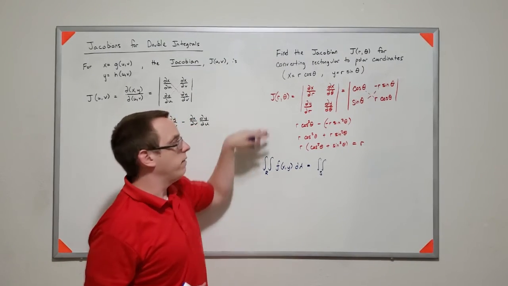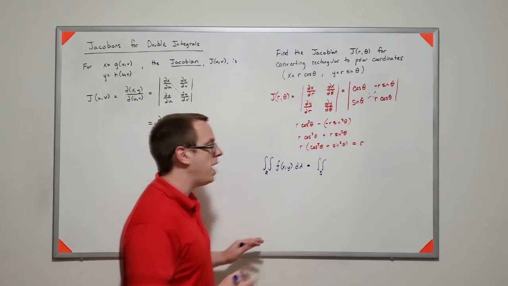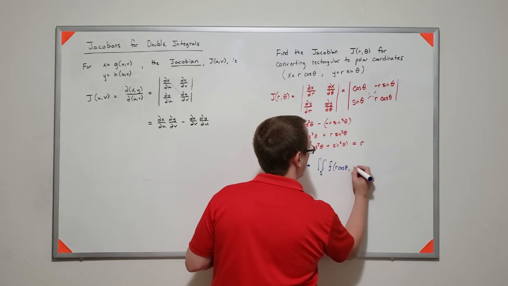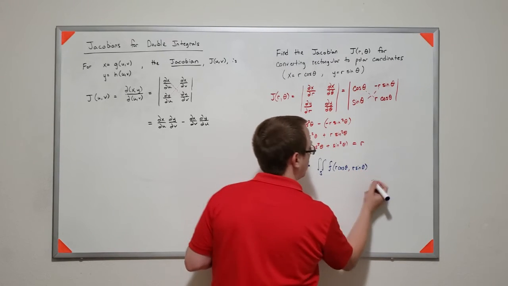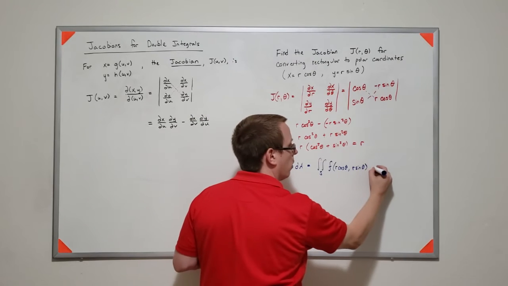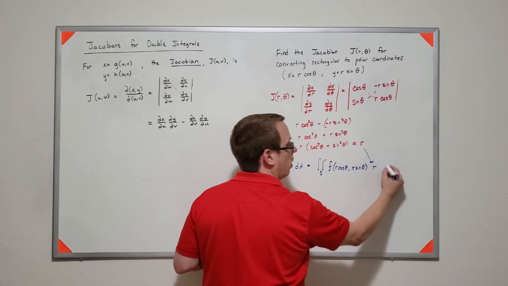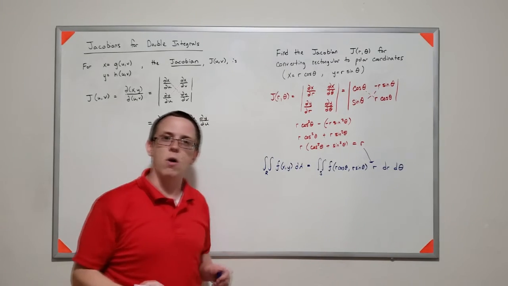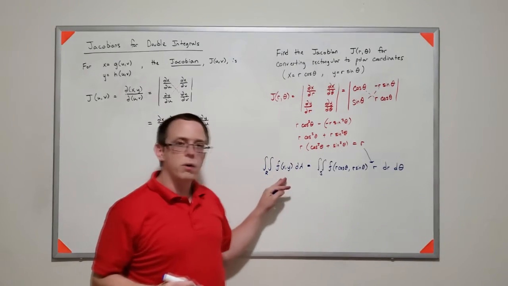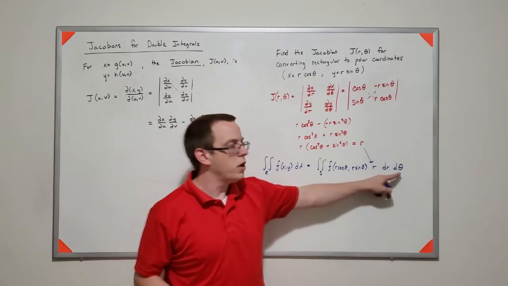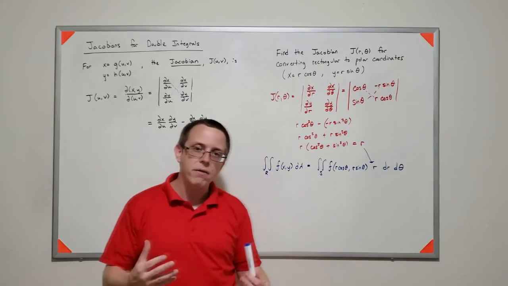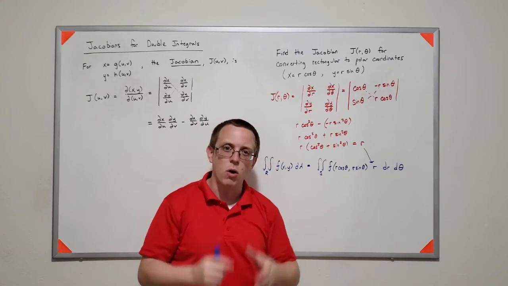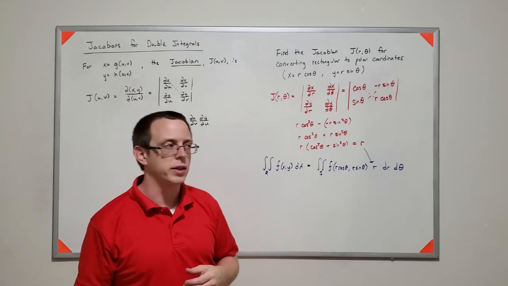We didn't have any bounds here, so we're just going to use the generic S, and we had f of r cosine theta, r sine theta, and remember we have the Jacobian term, which in this case is r, and then you have the new variables of integration, dr d theta. So what we end up with is a way to get r dr d theta without having to think really hard about where that comes from.